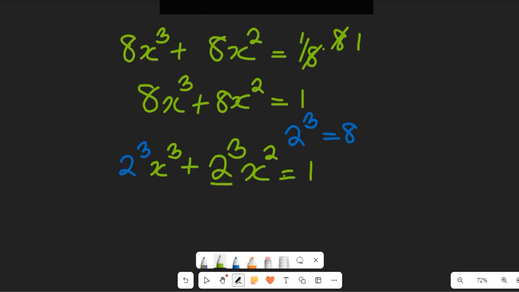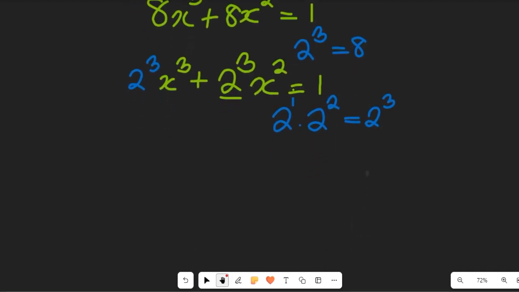Now, what do you see happening in this instance? I can reduce the second term to give me 2 multiplied by 2 squared, and that will be equal to 2 to the power of 3, because this is 2 to the power of 1, and according to the law of indices, if you add the indices you're going to have 3.